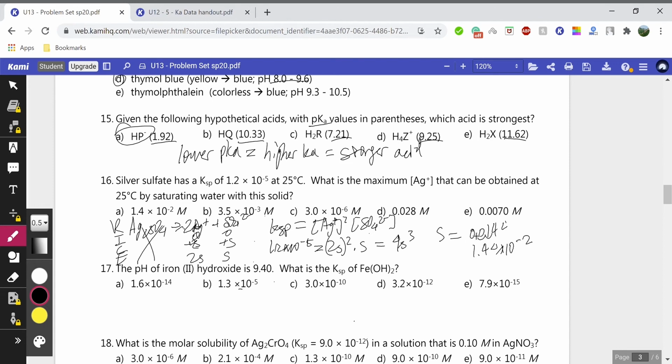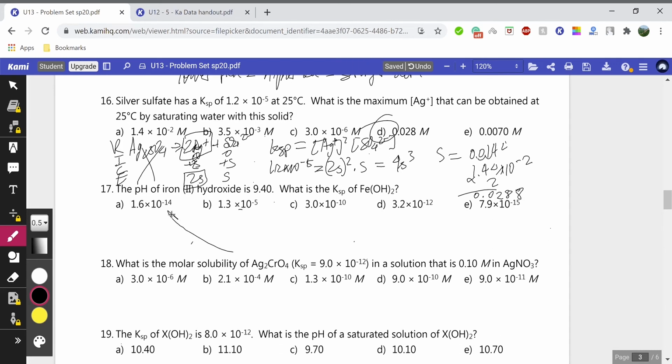But this only gives you s. But what do we have in Ag? In Ag we have 2s. So the answer choice is not A. We need to multiply this by 2, which will give you 0.0288. And that will be answer choice D.